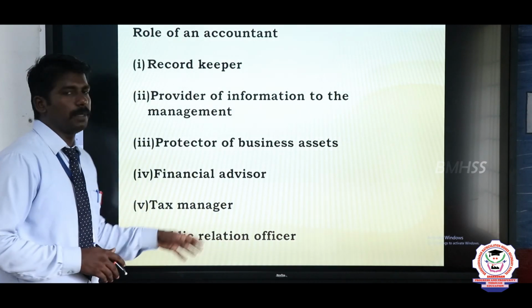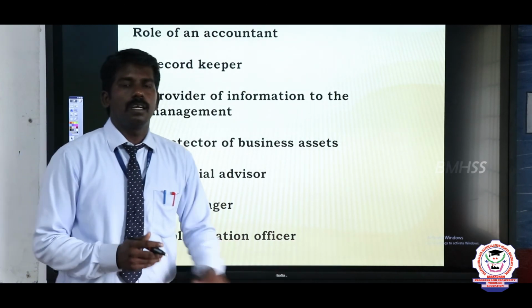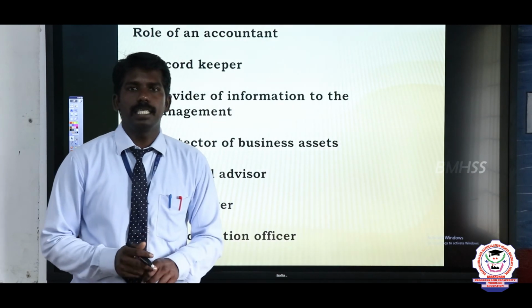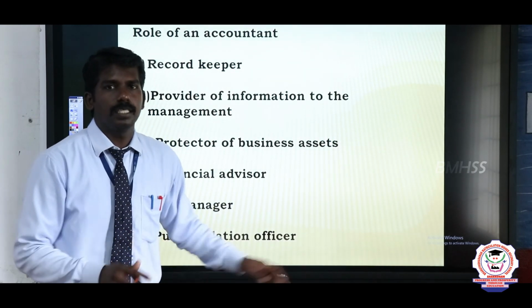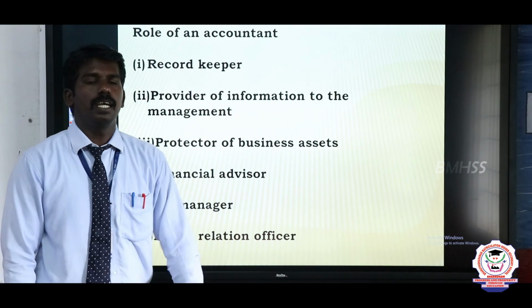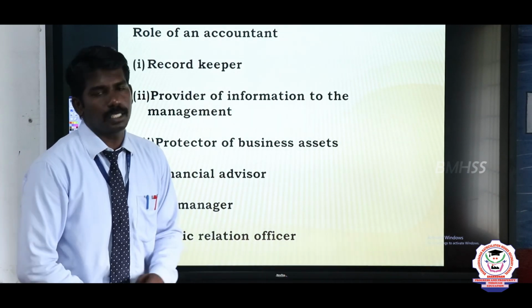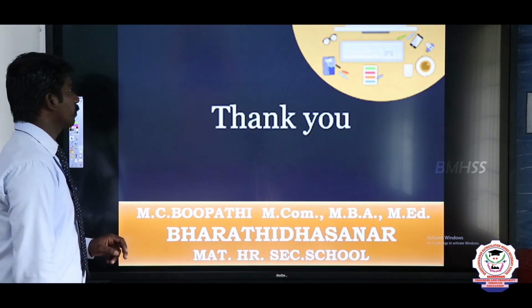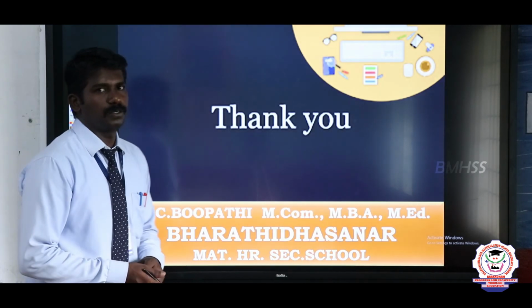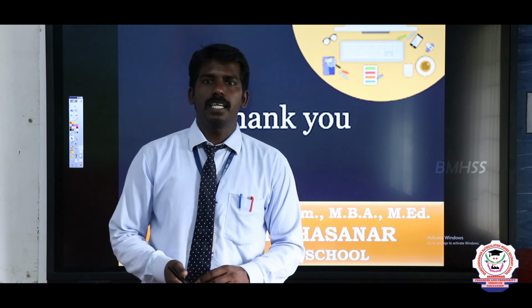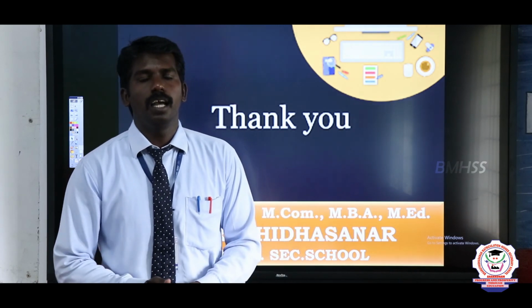Last one is public relations officer. Whenever information is needed about the company, the accountant will reveal it to both internal and external users respectively. So these are the basic accounting terminologies used in accountancy.